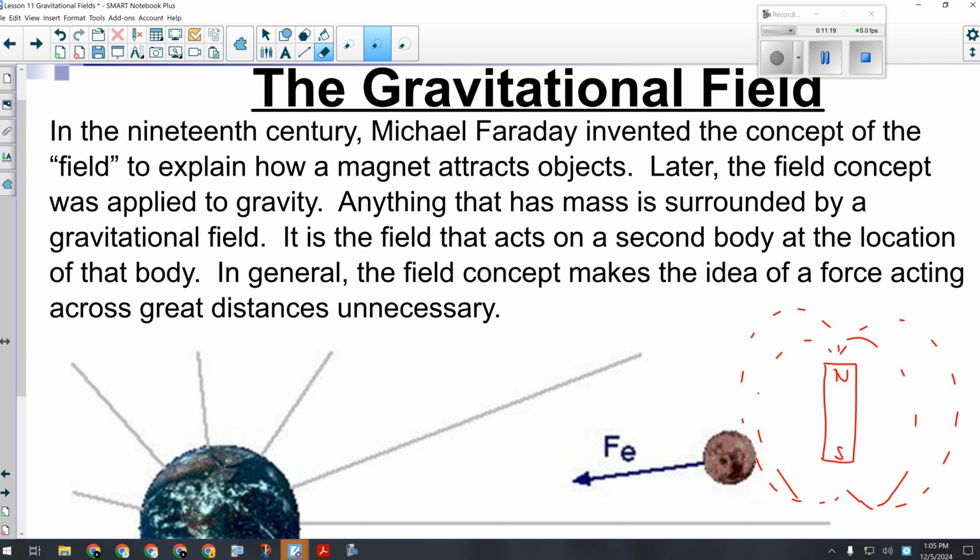So it eliminates the need for imaginary, invisible, magical strings connecting everything. Because we know that for the longest time having magic invisible strings was how you explained things like this. It's not a contact force. It doesn't require a string to be attached to something else.